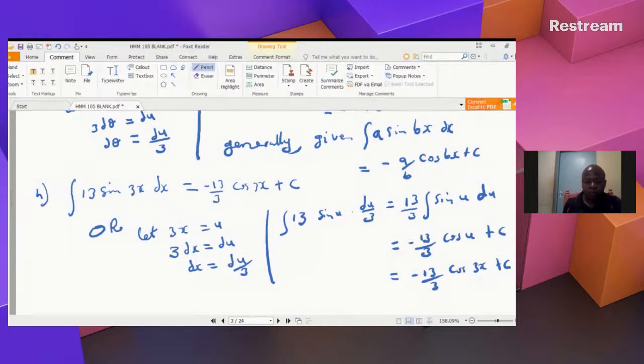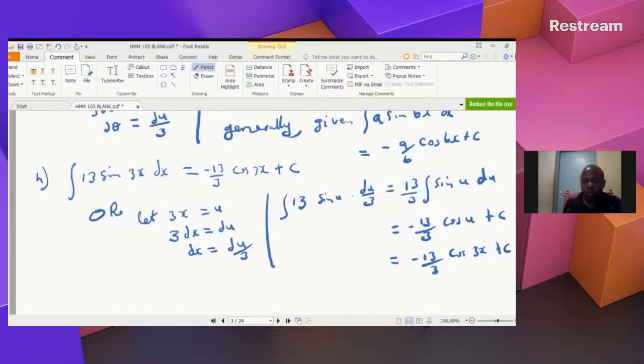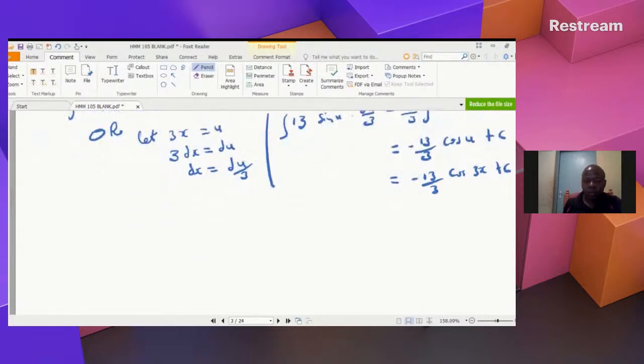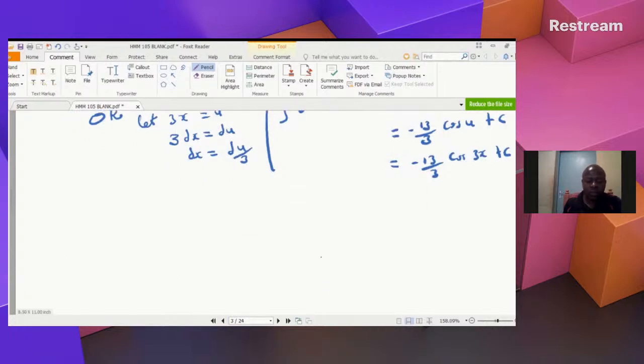Now just one more example here, and then we go to sec square. Of course, others will follow the same trend. Let's do this. 7 sine of 7x squared plus 3x dx.